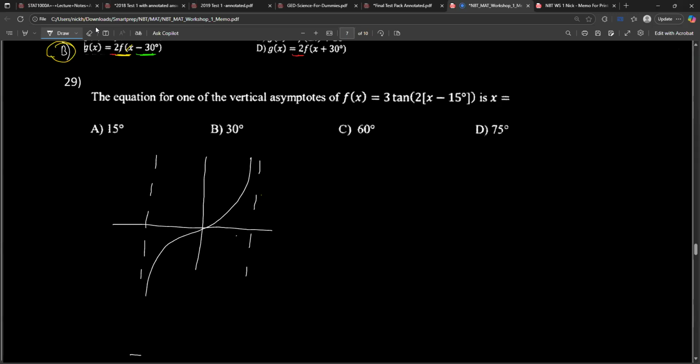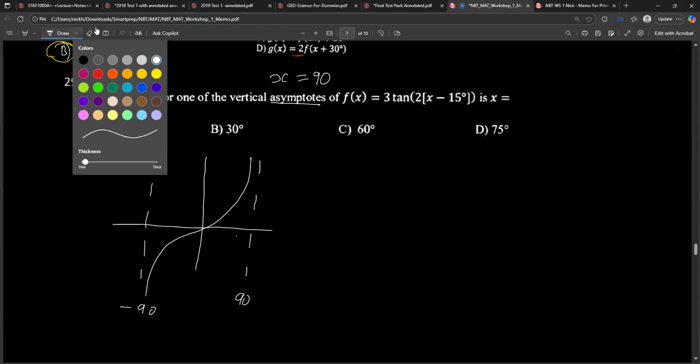If you have a tan graph, a tan graph looks like this with asymptotes. It's minus 90 and positive 90 where the asymptotes are. If you know that from the previous question, remember when you have an asymptote, that means something can't touch. So we have to know that the asymptotes are at x equals 90.